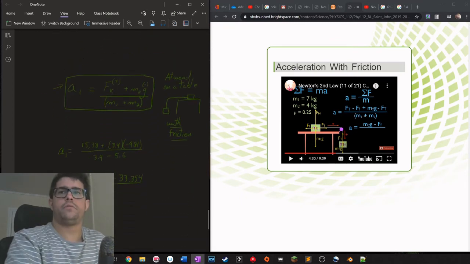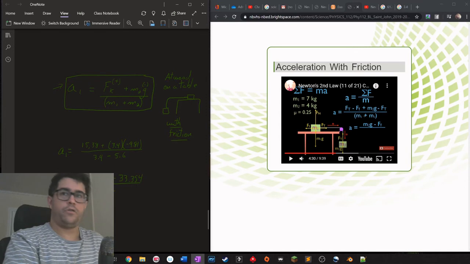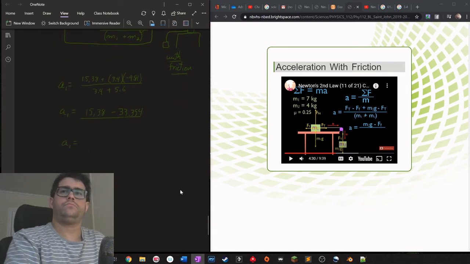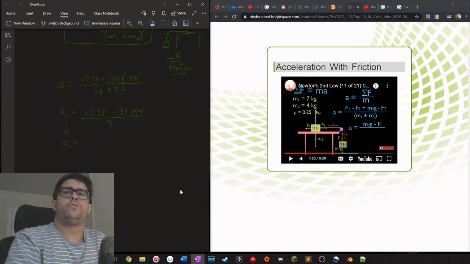That makes more sense. I'm going to do the bottom part first. So 3.4 plus 5.6 will give us 9. So we want to get 2 here, right? That's the answer. So 15 divided by 9 is close to that.